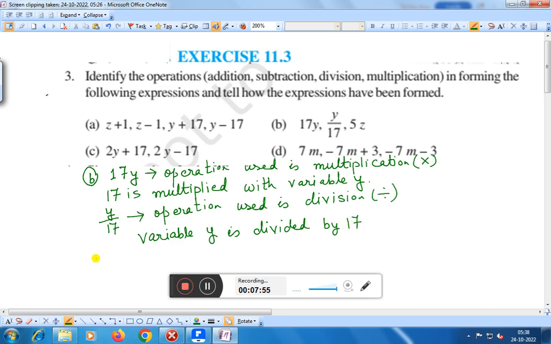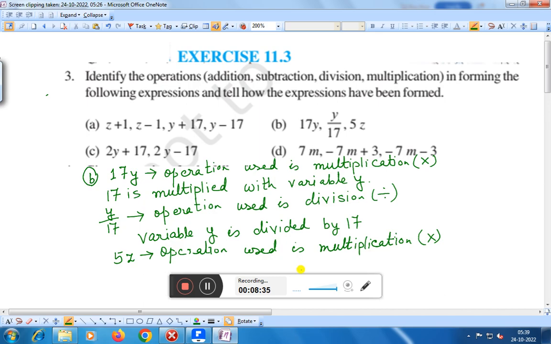Next one is 5z, right? 5z means 5 multiplies z. Therefore, operation used is multiplication, or into this one, right?